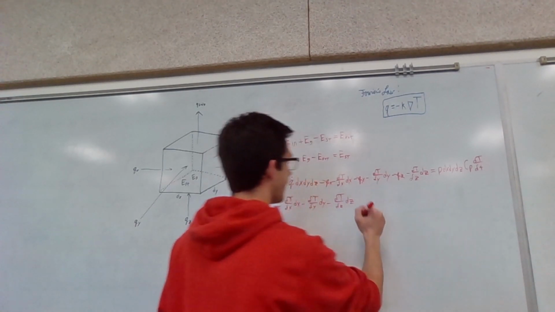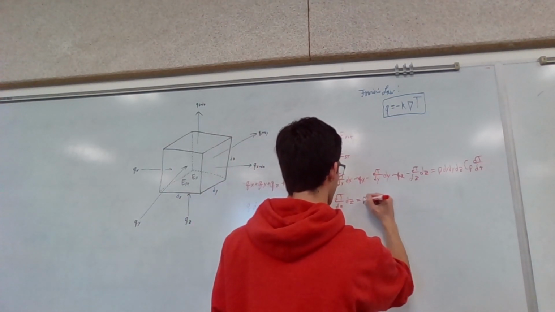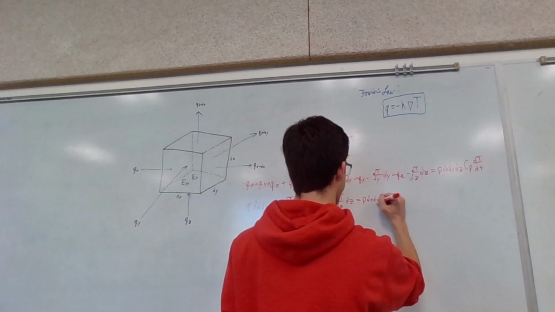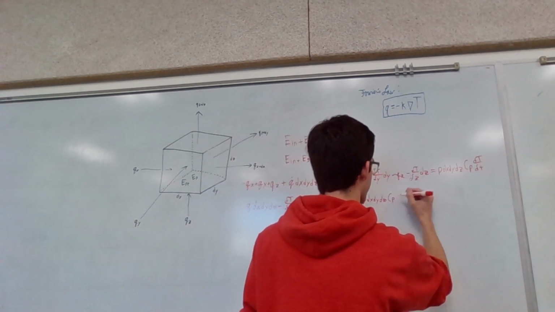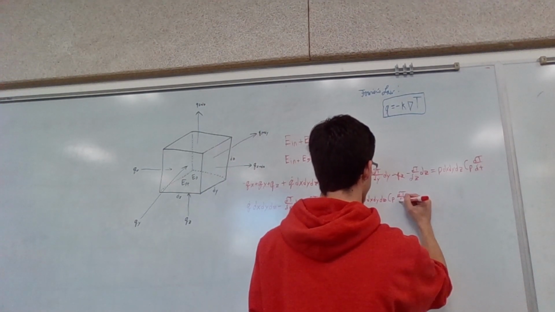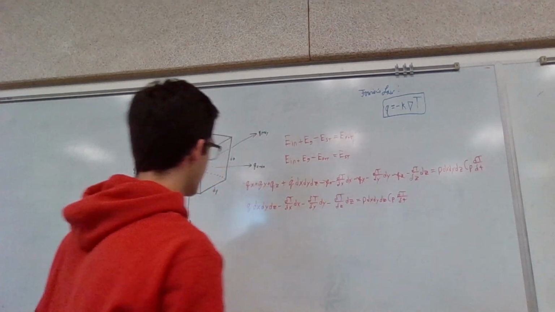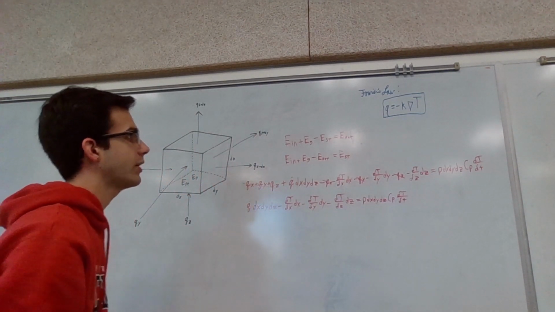Easy. All right, and that's still going to be all equal to our energy storage term, rho dx, dy, dz. Mass times our specific heat times our temperature change with time. All right. So now let's get into Fourier's law.